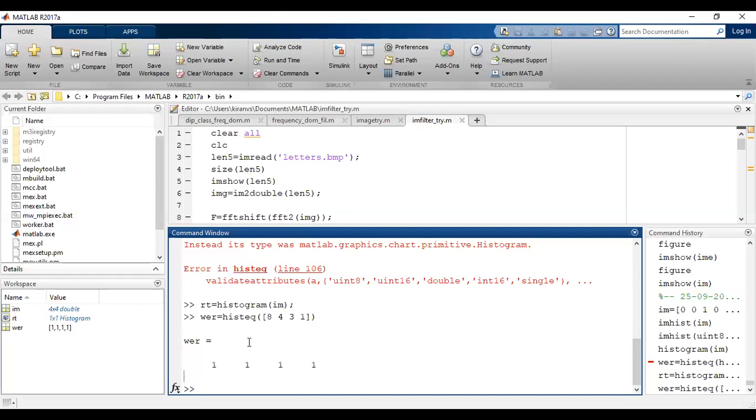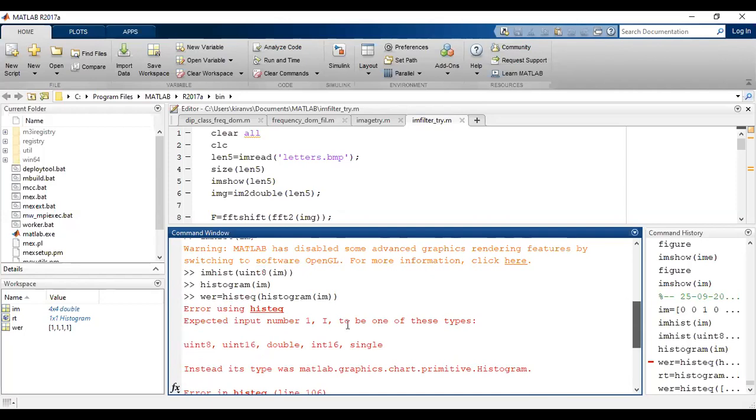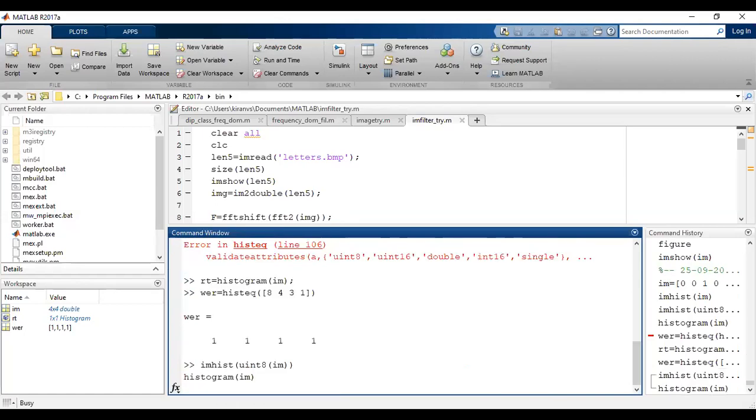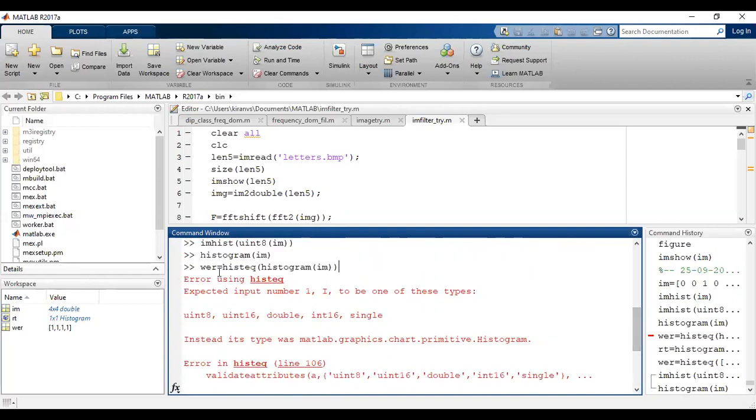Okay, so equalization. What happened? Got some glitch there. It expected numbers to be of unsigned integer. Evaluate selection. Wait a second. Be there. You have seen the original image, right? How its histogram was like.